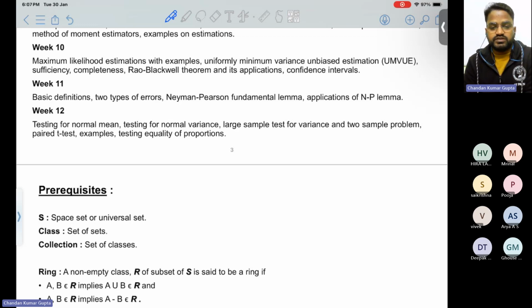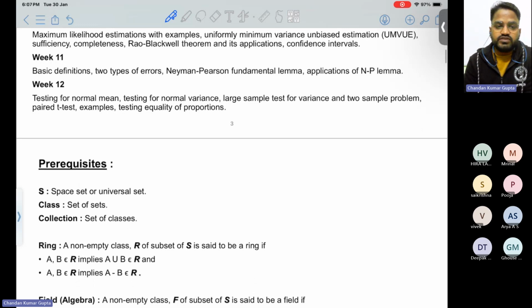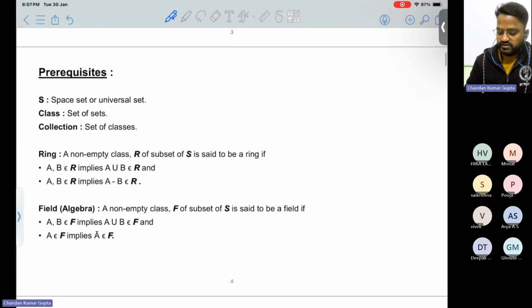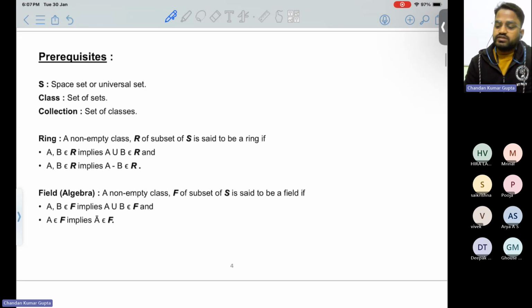There are two types of error in hypothesis testing, the Neyman-Pearson lemma, and its application. And in week 12, the last week, we will discuss testing of normal means, testing of normal variance or proportion. These are the course outline that we will cover in the successive 12 weeks.